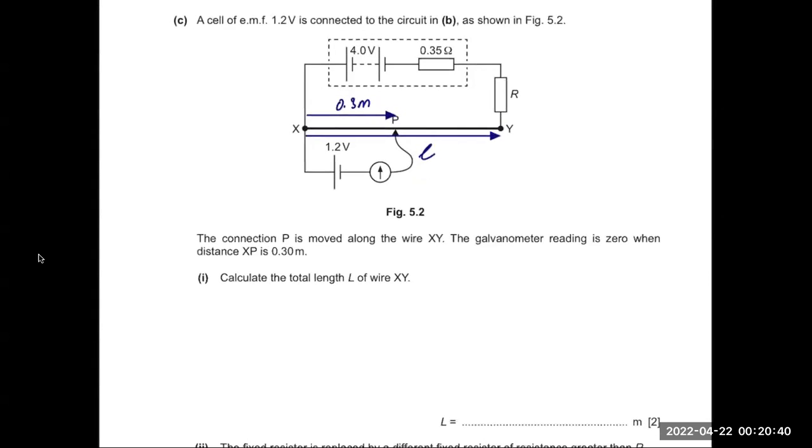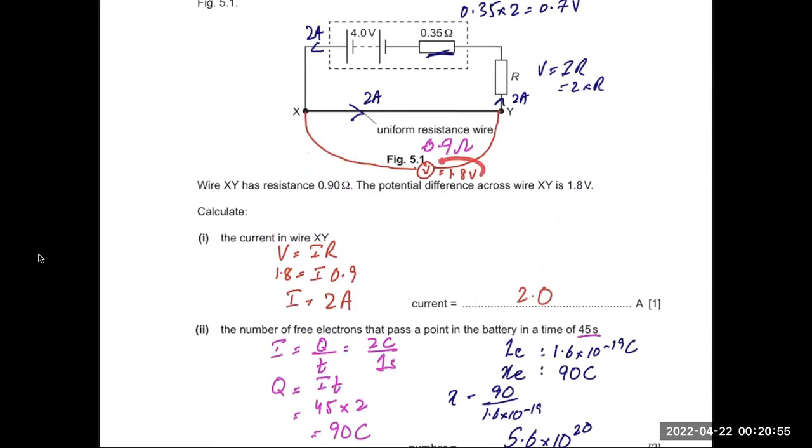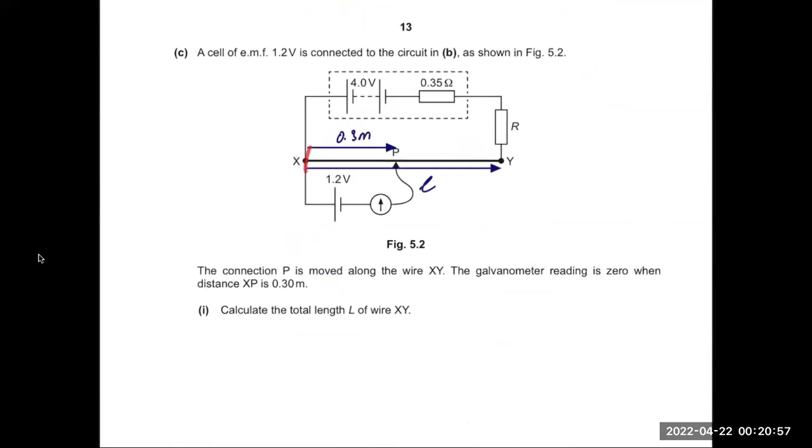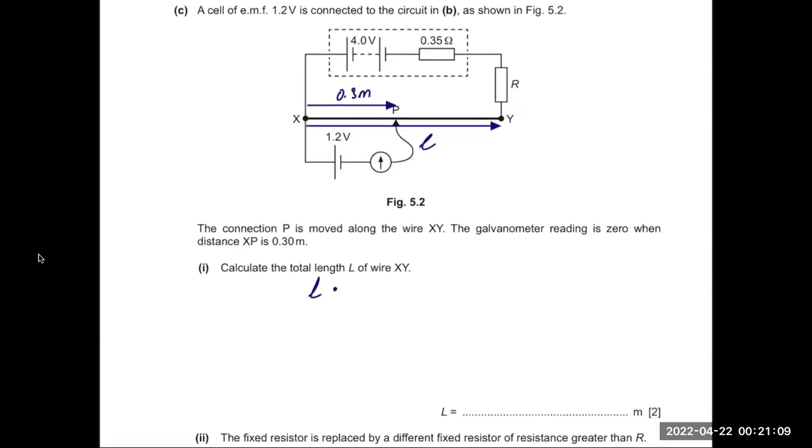The total potential difference. Now, I know that because it's a uniform wire, the potential drop across its length would be uniform. There'll be a uniform potential drop per unit length. So the total wire experiences a potential drop of 1.8 volts. So half the wire would experience a potential drop of 0.9. A quarter of the wire would experience a potential drop of 0.45. We can use that ratio. I know that the total length L experiences a potential drop of 1.8 volts.